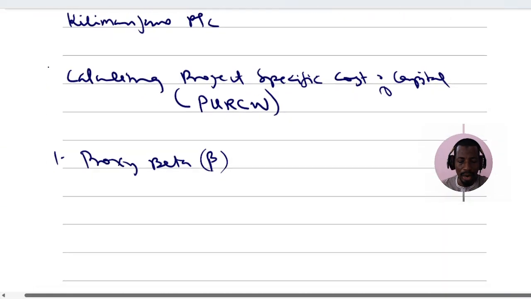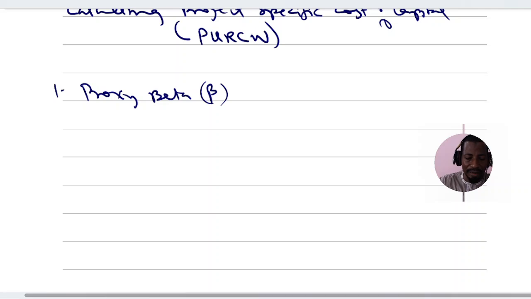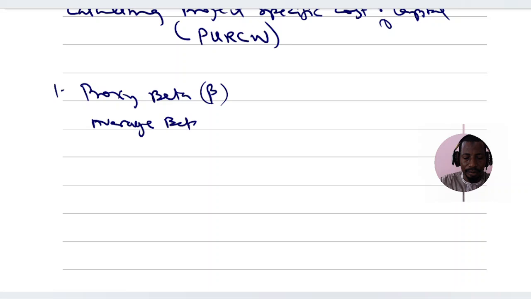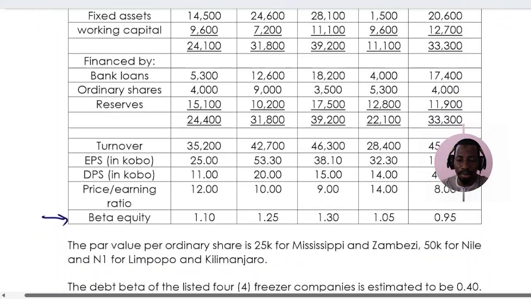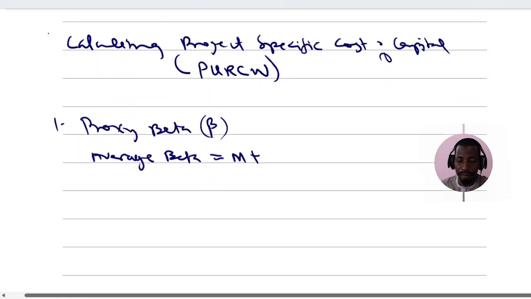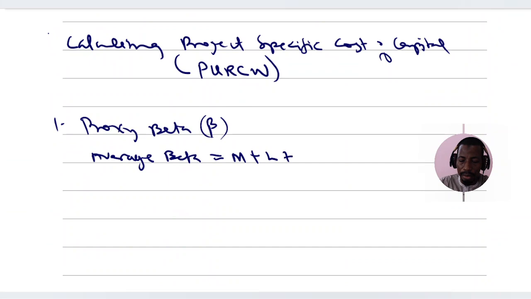Therefore, I would say the average beta of the proxy is equal to the beta of Mississippi plus the beta of Limpopo plus the beta of Zambezi plus the beta of Nile. There are 4 freezer companies, therefore I need to divide by 4 to get the average beta.